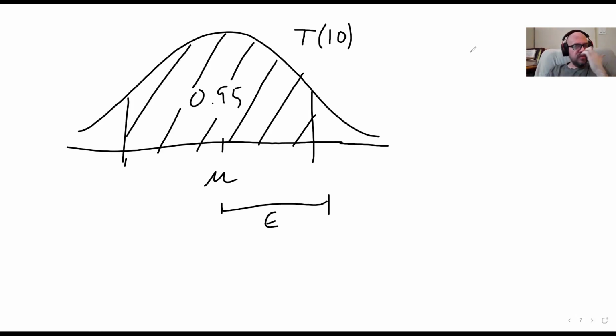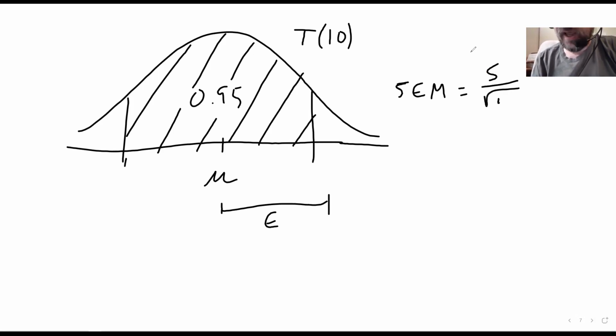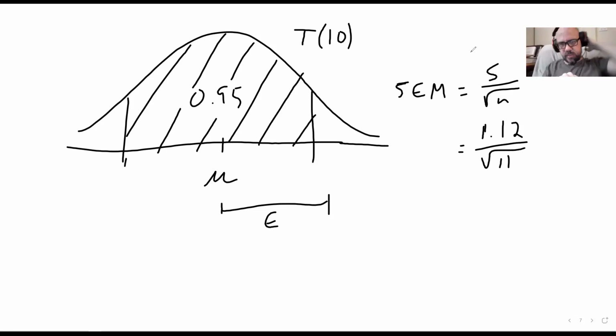Well, our standard error, SEM, is S over the square root of N, which in our case is going to be 1.12 over the square root of 11. Right, that's our standard error of the mean. And we need to know how many standard errors we need to go on either side.